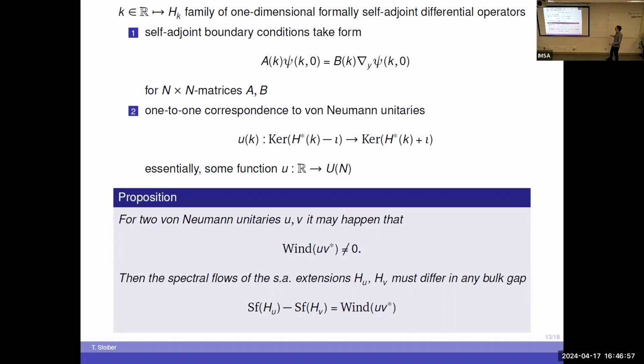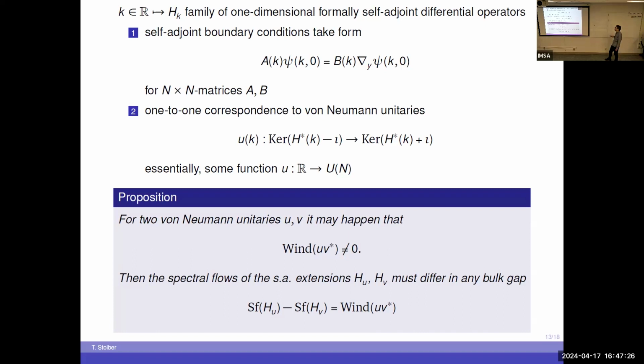And for local boundary conditions, these will always look like this. For each value of momentum, we impose some matrix equation which involves the values of the wave function at the boundary and relates them to the values of the derivative at the boundary, for example. And mathematically, it is well understood how these are classified. The self-adjoint extensions are basically classified by so-called von Neumann unitaries.